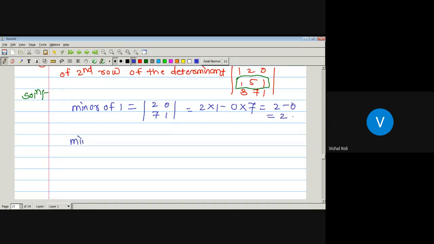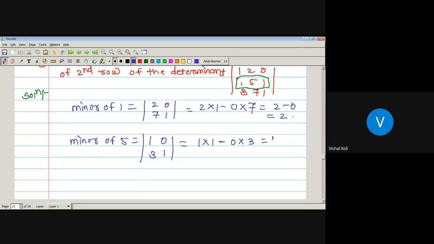Similarly minor of element 5 is equal to, again suppress the row and column corresponding to that element, then it is 1 0, 3 1, which is equal to 1 into 1 minus 0 into 3.